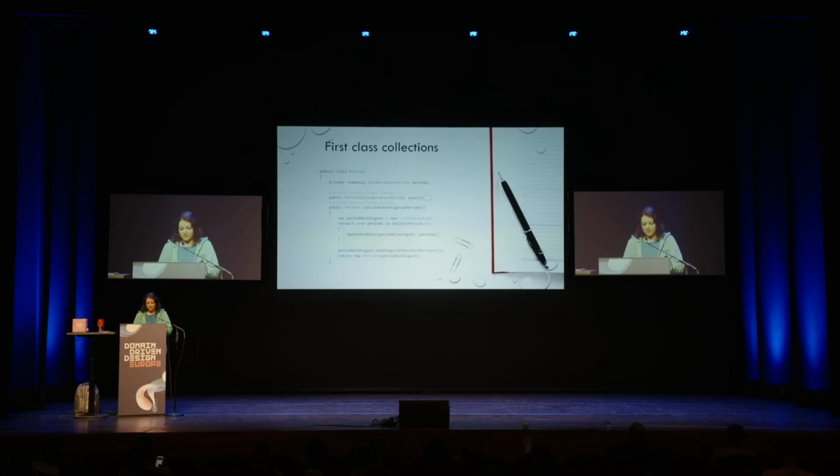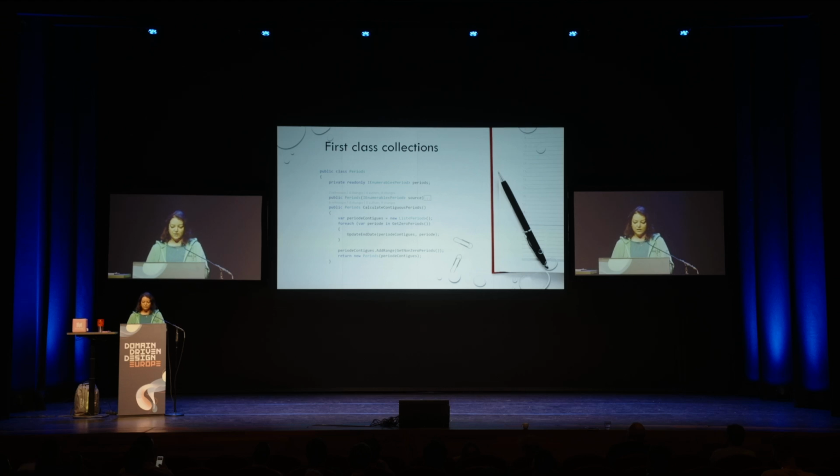For this kind of behavior, you can create the first class collection, which is periods. Perhaps the noun is not really periods, and we need to ask the domain expert if it's really periods or perhaps another noun.